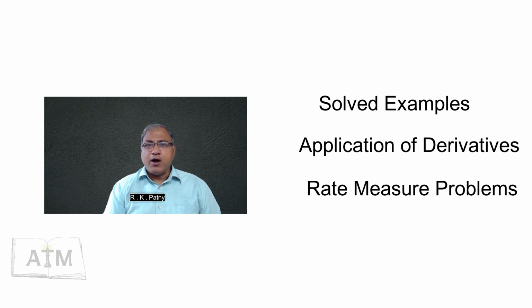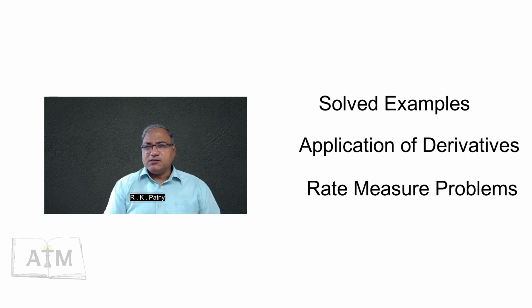In today's video, I am going to teach you how to use derivatives to find the rate measure. That is to find velocity, to find acceleration, to find time. In short and sweet, everything related to kinematics.